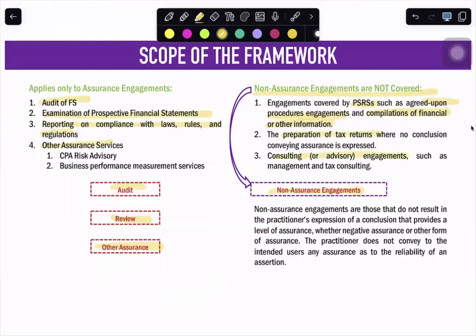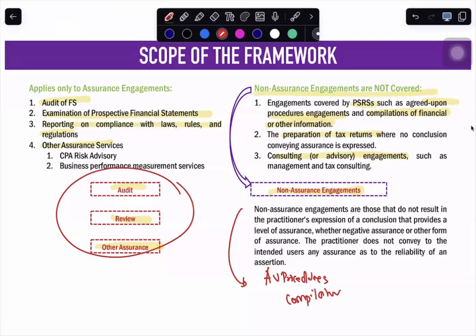So normally, when it comes out in the board exam, the only non-assurance engagements are agreed-upon procedures and compilations. All the others are assurance engagements. So just remember, when you eventually lend credibility by looking into a possible criteria, then that is assurance.